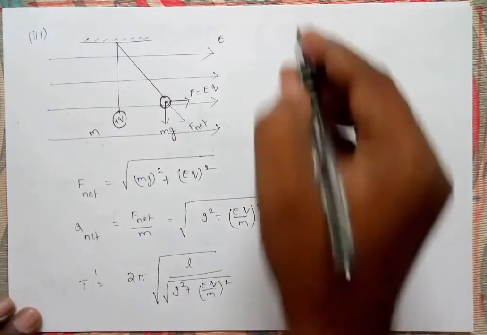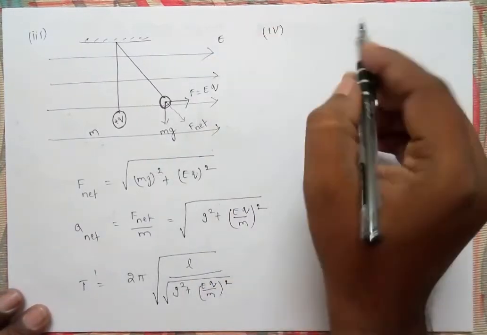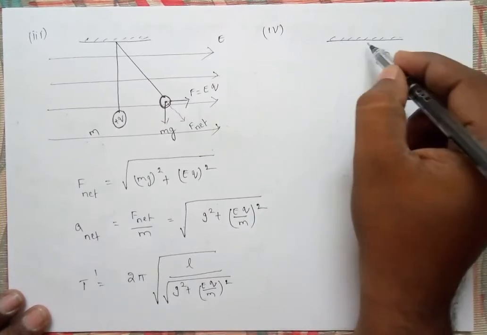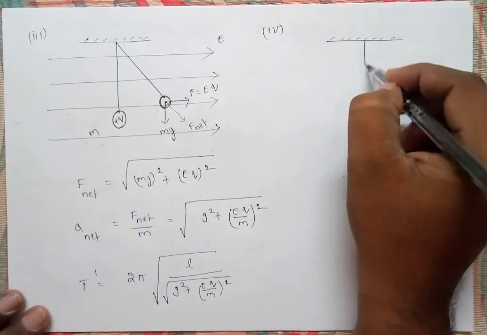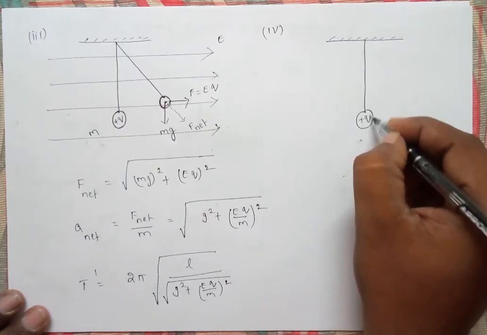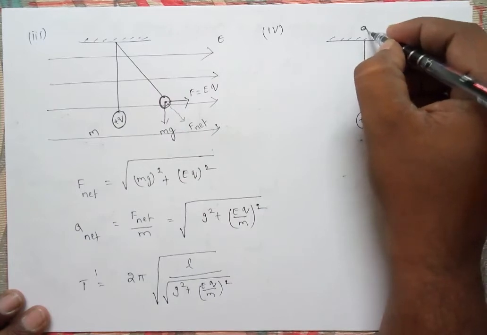Now fourth, here one more case. If the pendulum is there like this, it is a plus q charge. Now here one charge is located exactly at the point of suspension.